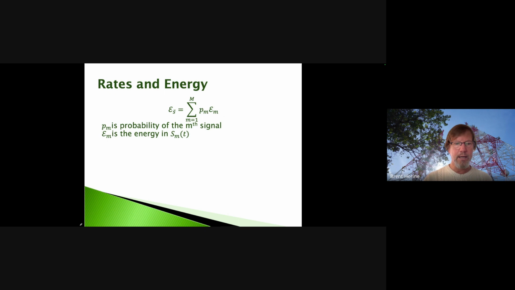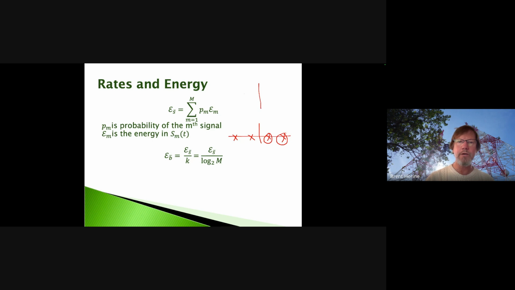So if we remember that in one case, I had M equals 4, and we arrayed those on the real axis, then we would see that these have a smaller energy than these do.